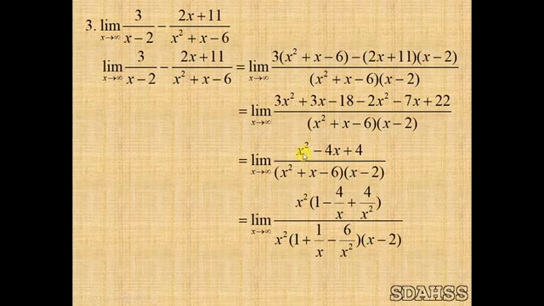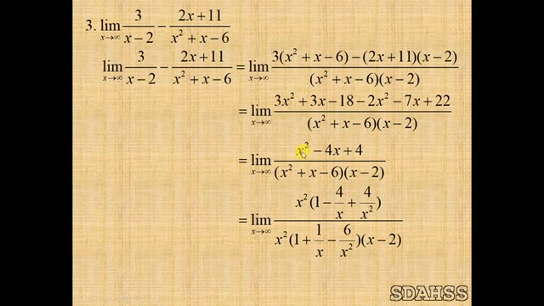Now limit x tends to infinity. In the numerator, x square is common, so you take it outside. Before that, find the largest power, the largest degree. The largest degree is 2, that is x square.